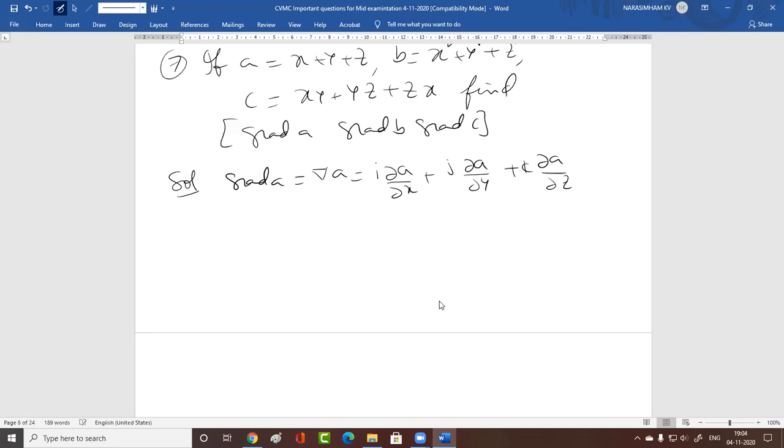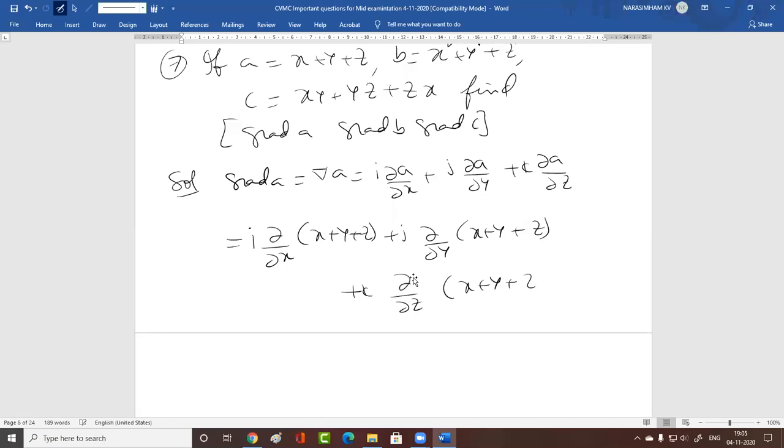This is nothing but i into dou by dou x of x plus y plus z, plus j into dou by dou y of x plus y plus z, plus k into dou by dou z of x plus y plus z.